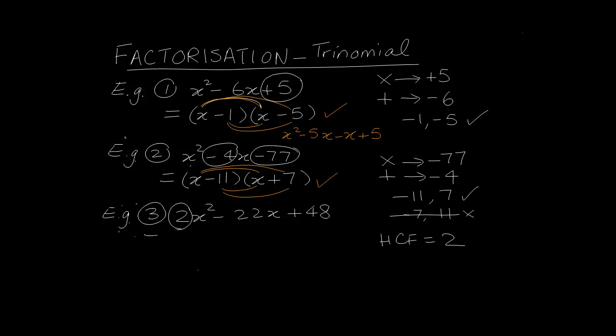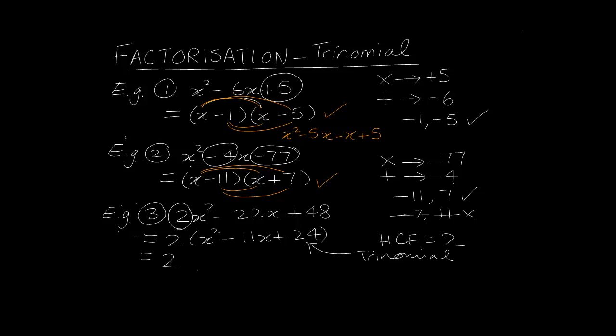So what we're going to do in a situation like this is take the 2 out of all the terms first. You're left with x squared minus 11x plus 24. This is a partial factorization because we've taken out the highest common factor of 2. But within the brackets, I now have a trinomial factorization.